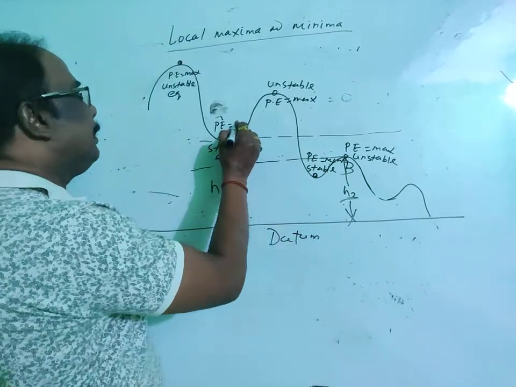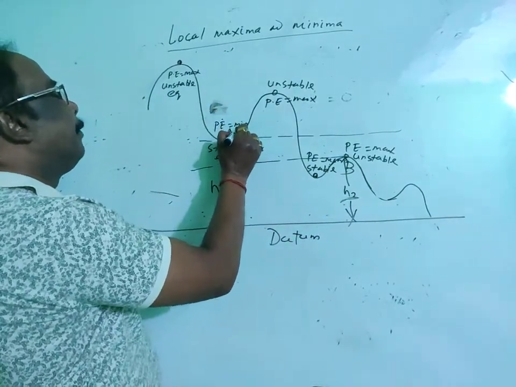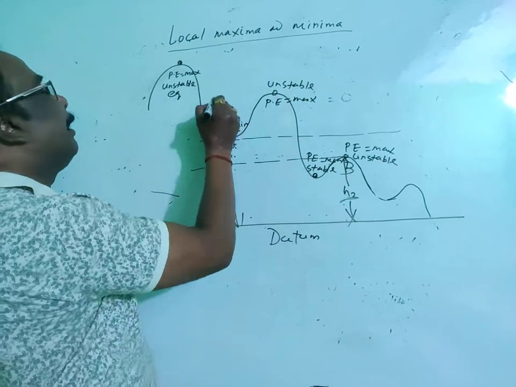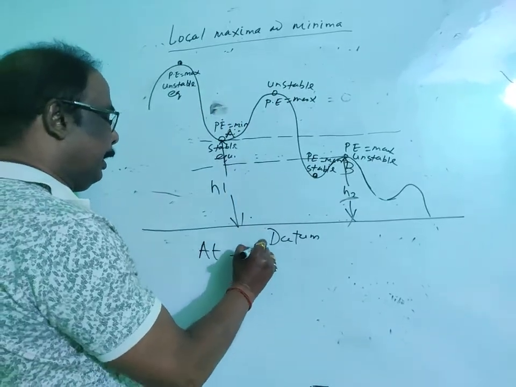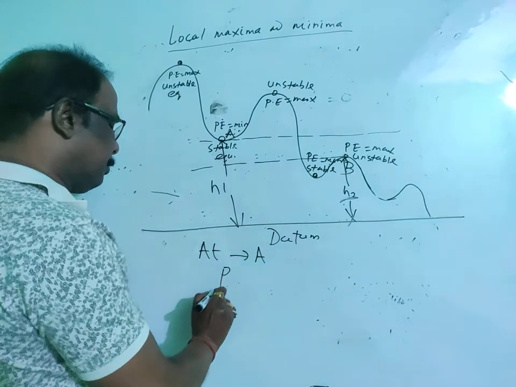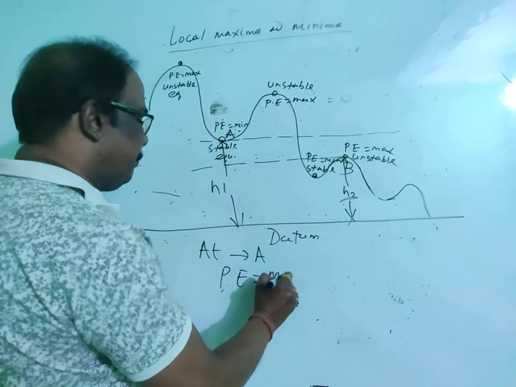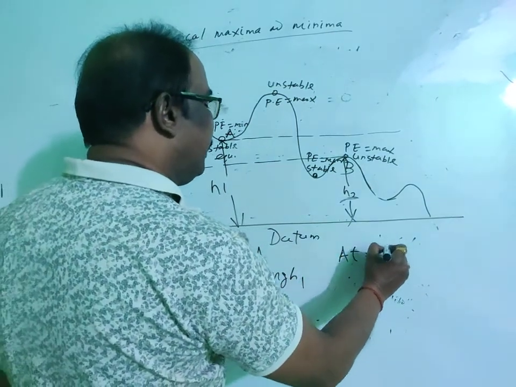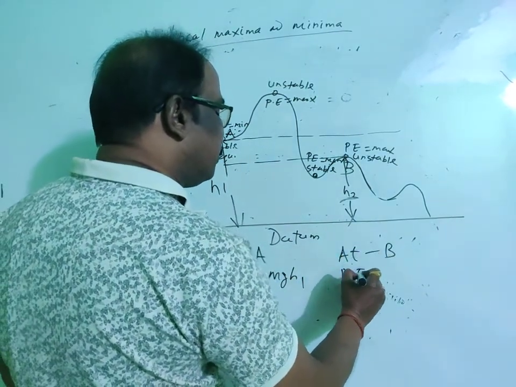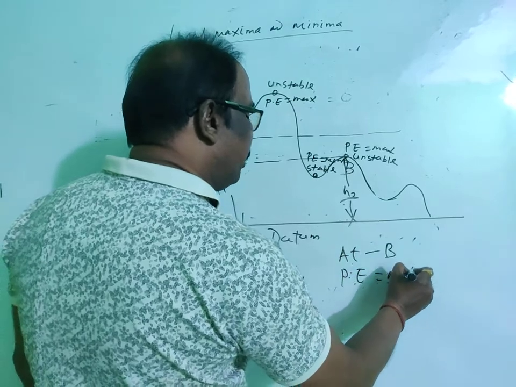So at position A, potential energy is mg h1, and at position B, potential energy is mg h2.